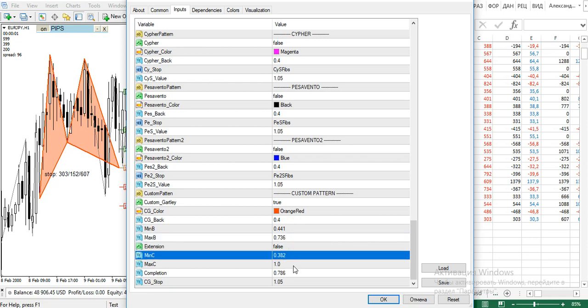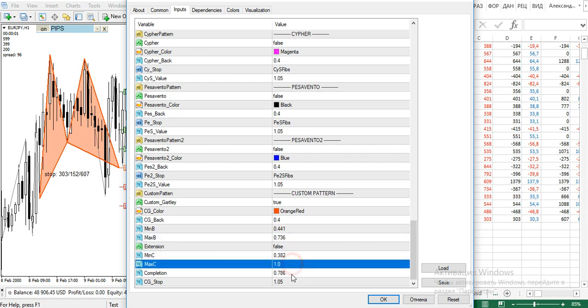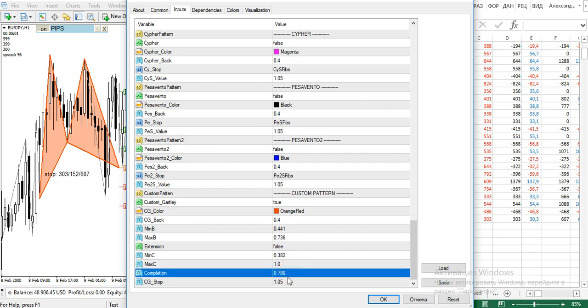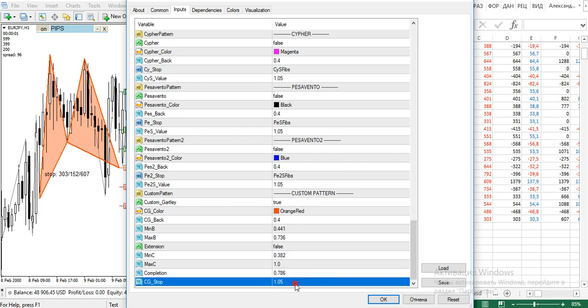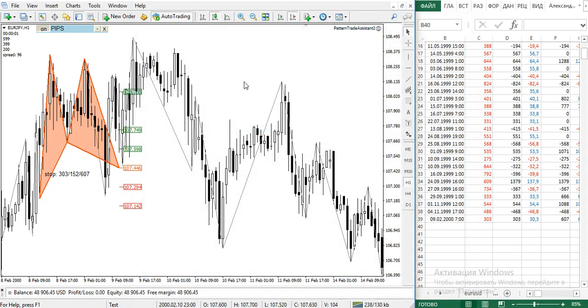The maximal C is 3.221, it's pretty standard. The completion is 0.786 always, regardless of the B point. And the invalidation or stop loss level is 105.5% of X. Above or below X, it depends on the direction of the pattern.